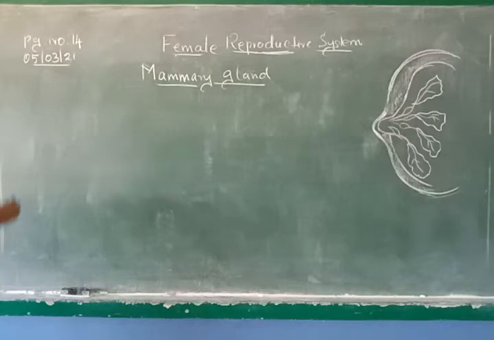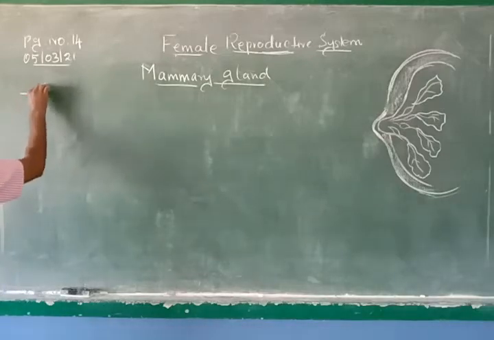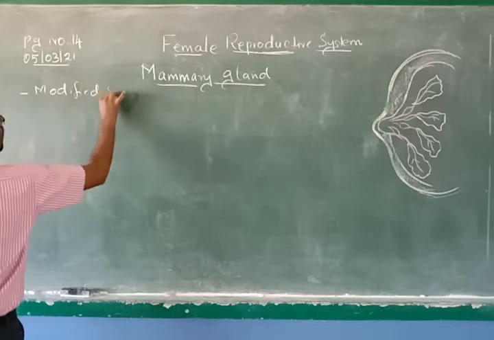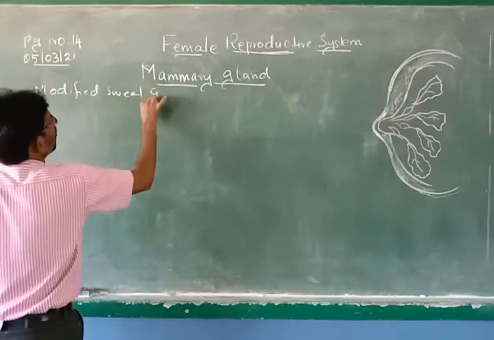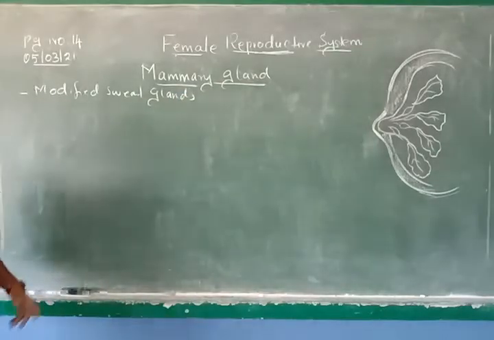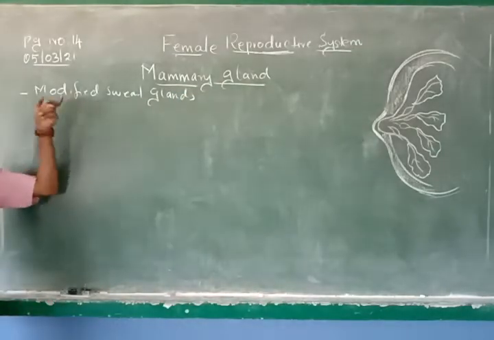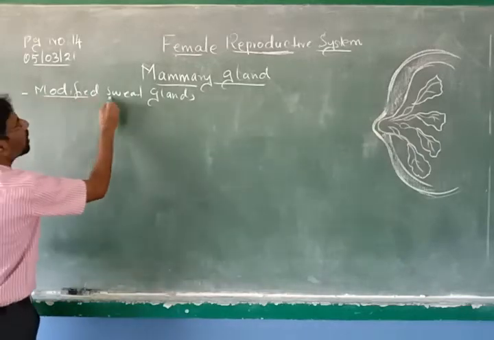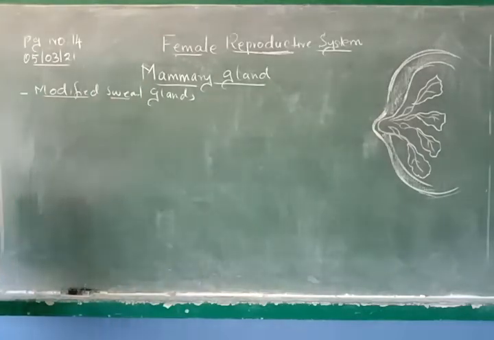The mammary glands are modified sweat glands. There are numerous sweat glands in the body, and one or two of them are modified into the mammary gland, or milk producing gland.